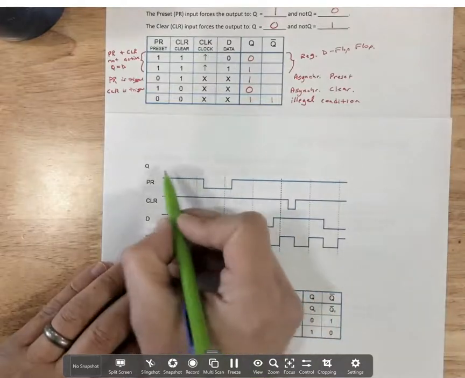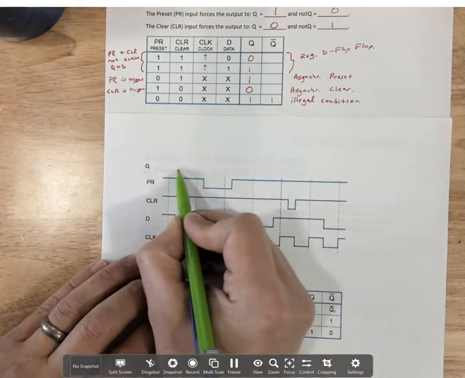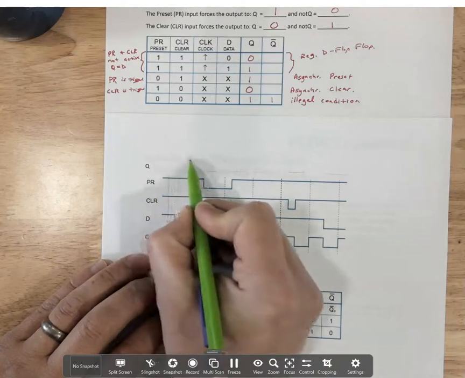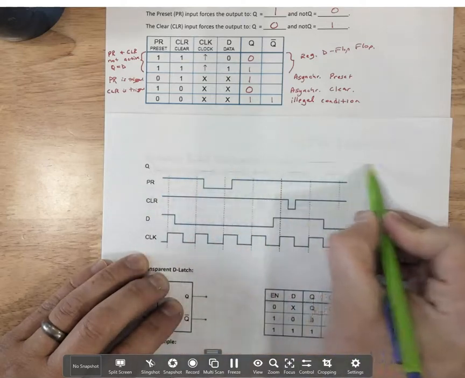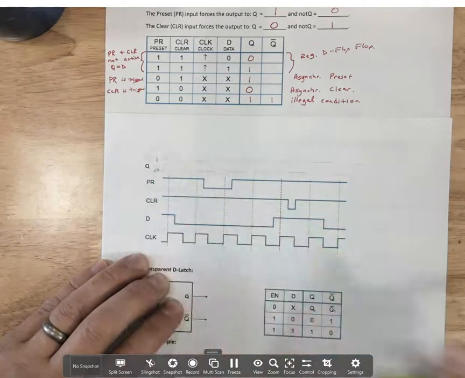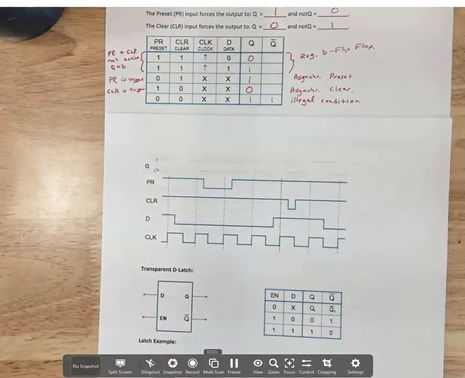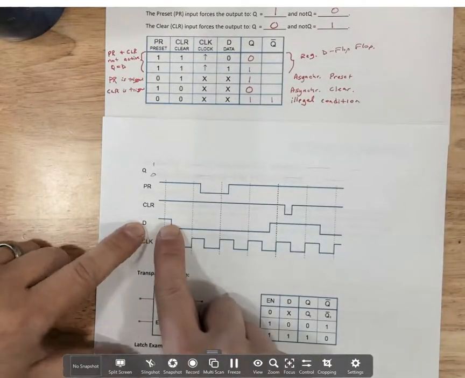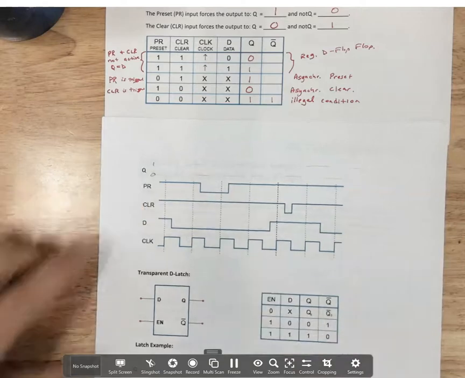All right, so I'm going to draw my little lines again. Just light with pencil to have low and high for Q. And we're going to try to fill in Q, what Q should be based on the clock, the D, presets, and clears, right?